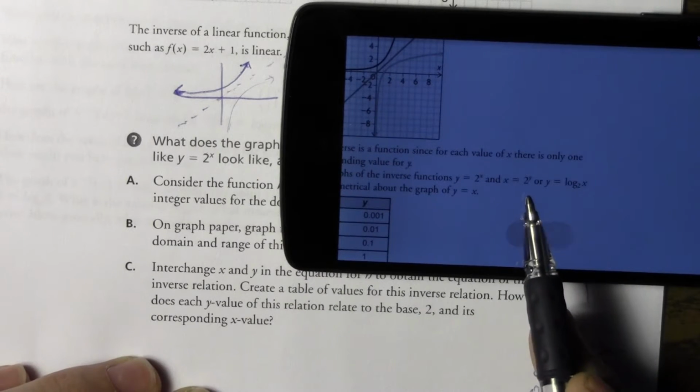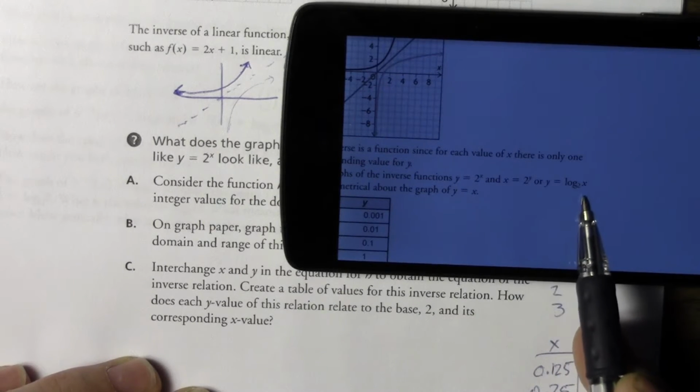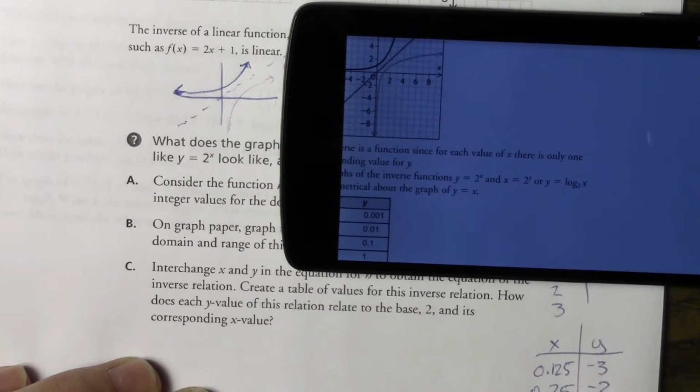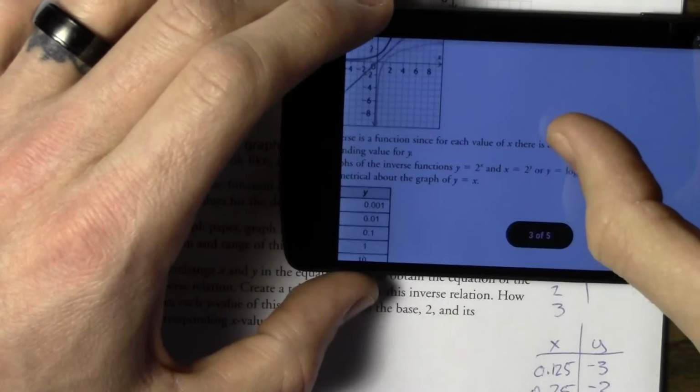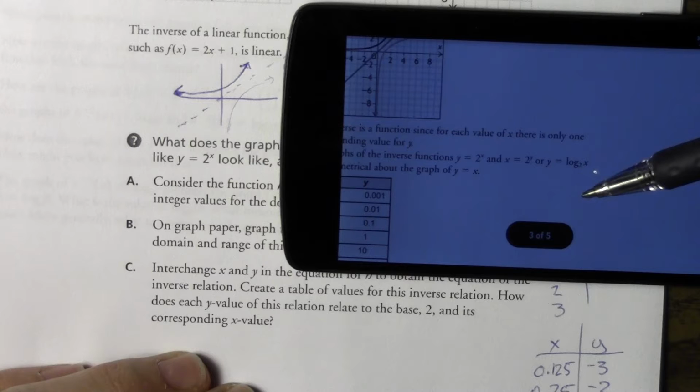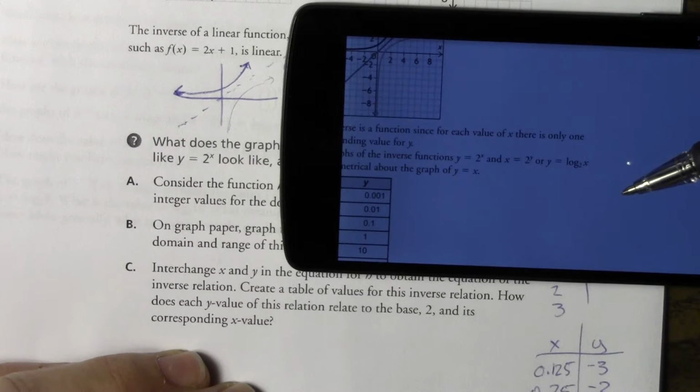x equals 2^y is the same as saying y equals log base 2 of x. And you might ask why? It's by definition. It's because that's the way they've defined log. So this is what they're saying: the value of y, log base 2 of x, is equal to the exponent you need to raise 2 to get the value of x.